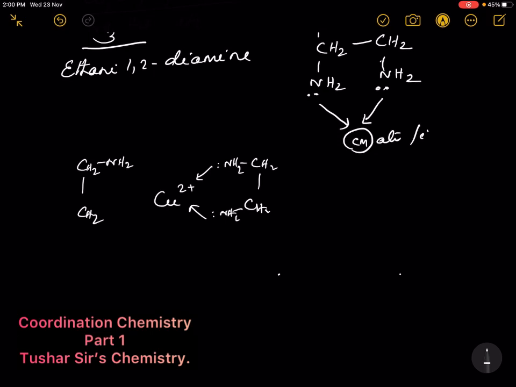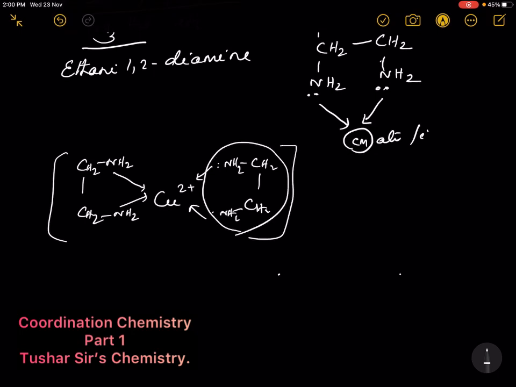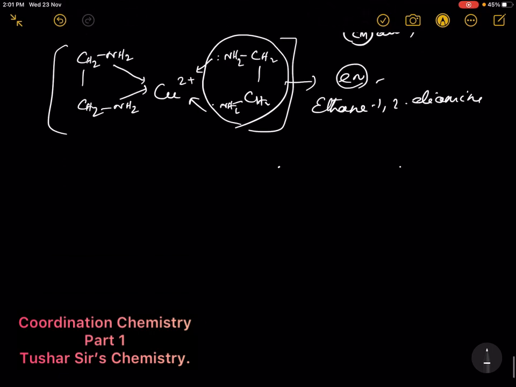This is a bigger molecule, or you can say ligand. It is also written as en, and this is ethane-1,2-diamine. Even macromolecules like protein are also treated as ligands.